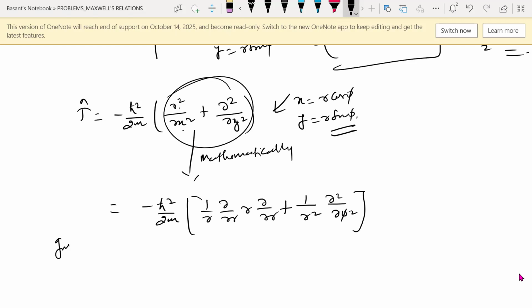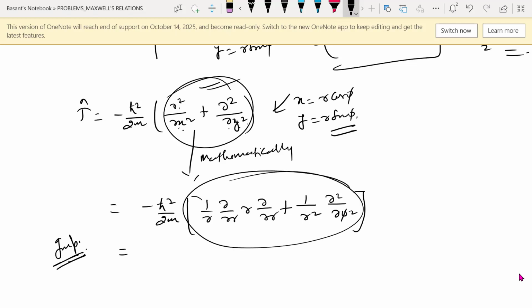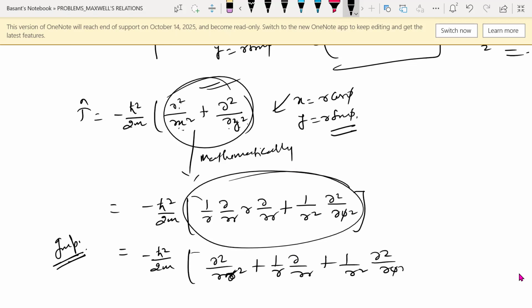One another important relation: in place of del 2 by del x squared plus del 2 by del y squared, this is also written as minus h bar squared by 2m, del 2 by del r squared plus 1 by r del by del r plus 1 by r squared del 2 by del phi squared.